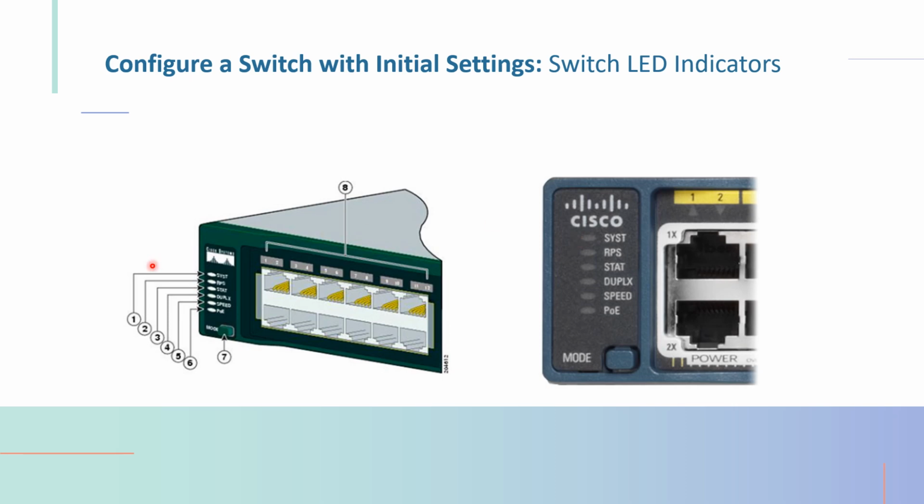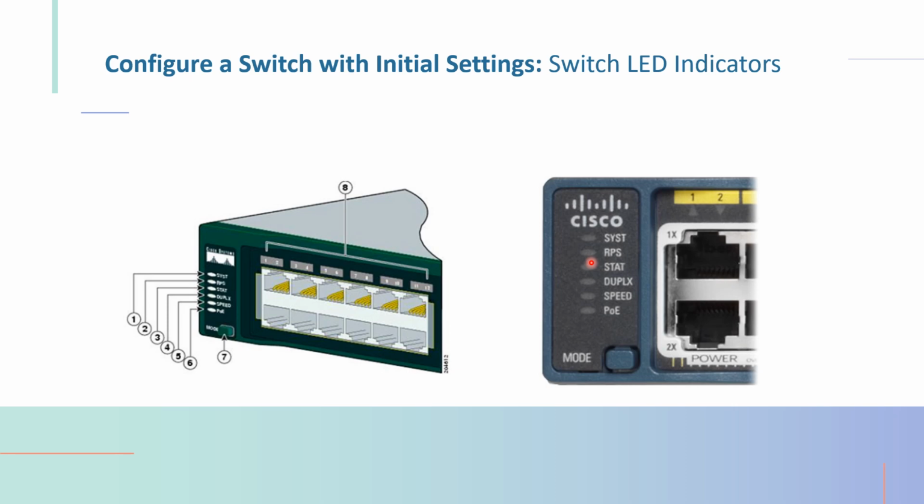The second light stands for the Redundant Power System, or RPS LED. It shows the RPS status. If the LED is off, the redundant power system is off or not properly connected. If the LED is green, the redundant power system is connected and ready to provide backup power. If the LED is blinking green, it is connected but unavailable because it is providing power to another device.